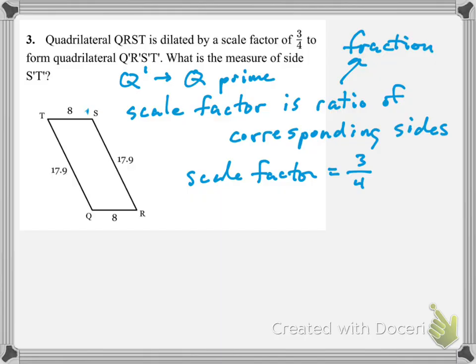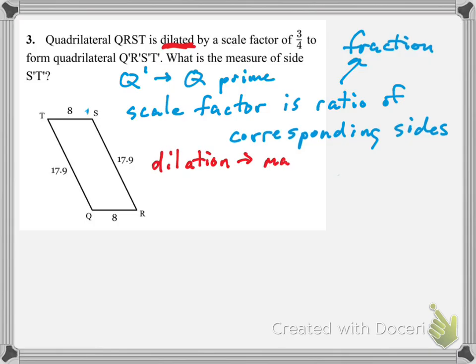Quadrilateral QRST is dilated. A couple of terms here. A dilation makes a shape bigger or smaller.